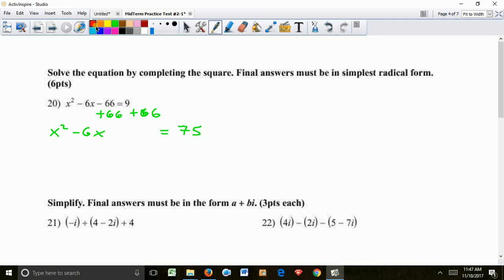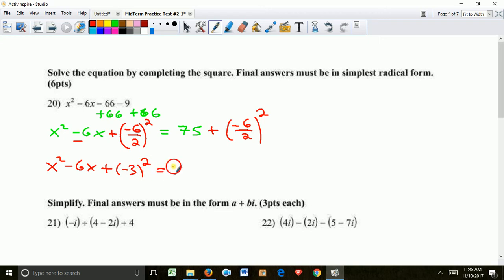In this case, it's negative 6. So take negative 6, divide that by 2, and then square that, and add it to both sides of your equation. Simplifying that, you now get x squared minus 6x plus negative 3 squared is equal to 75 plus 9, which in this case is 84.